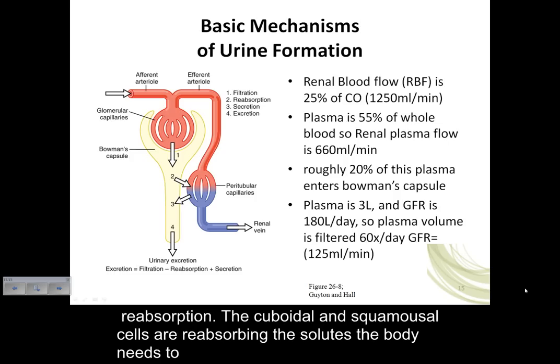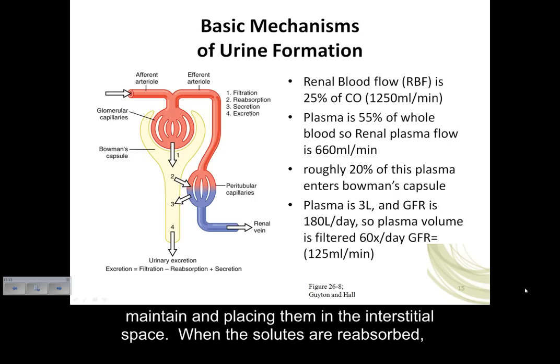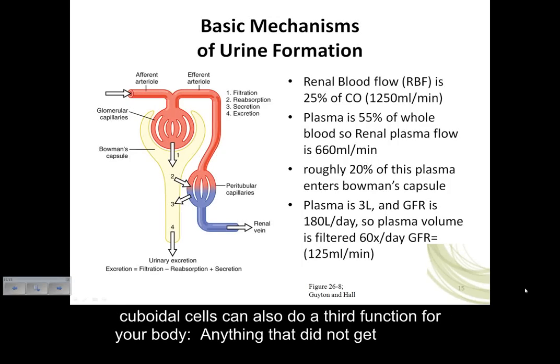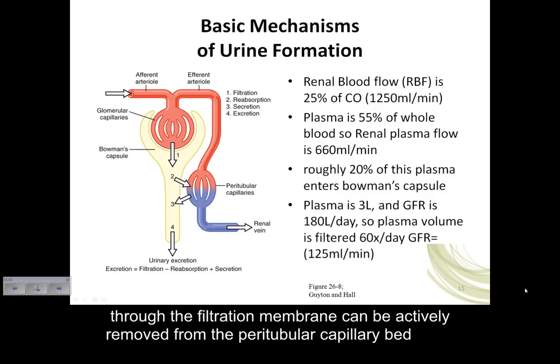As the filtrate now goes through the uriniferous tubules, we have another process occurring, reabsorption. The cuboidal and squamosal cells are reabsorbing the solutes the body needs to maintain and placing them in the interstitial space. When the solutes are reabsorbed, water passively flows and follows them.